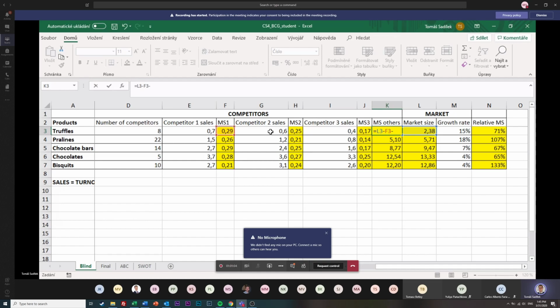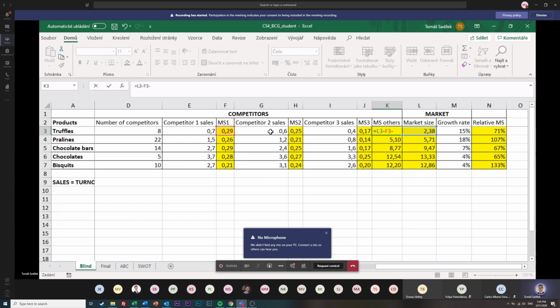So this is the market share of others. Those are the results.